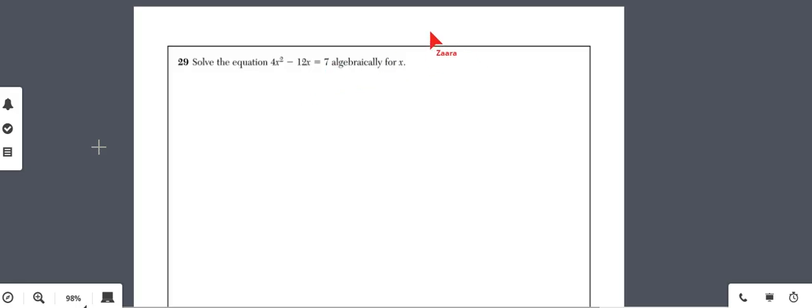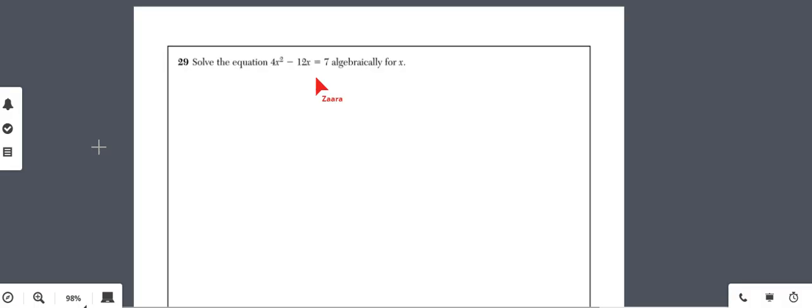We can use the method of factorization. We can try completing the square, and at the same time we can also use the quadratic formula. I will go with factorization.